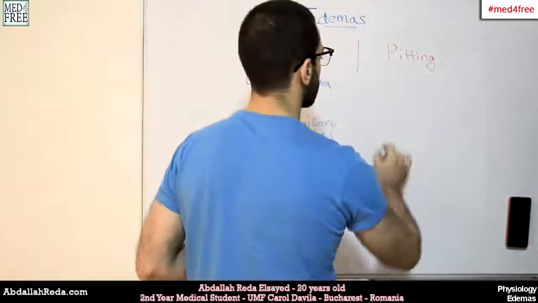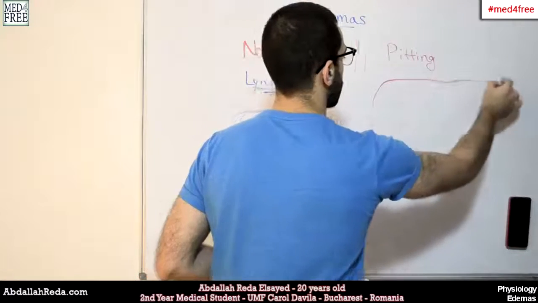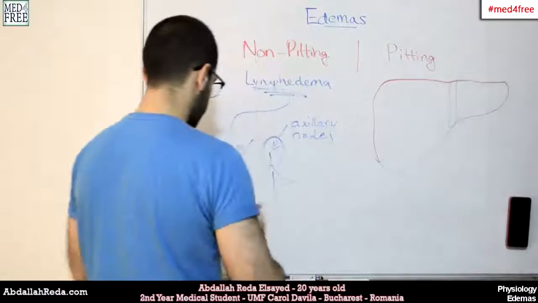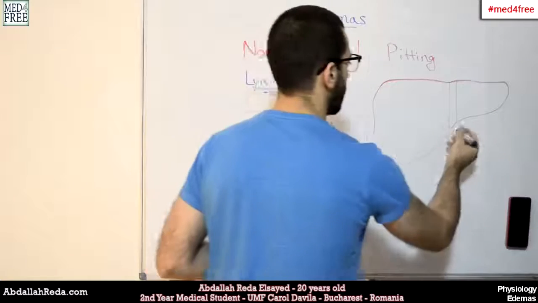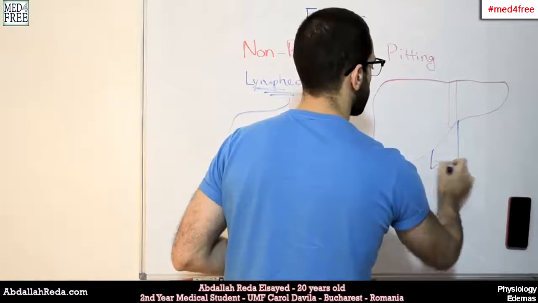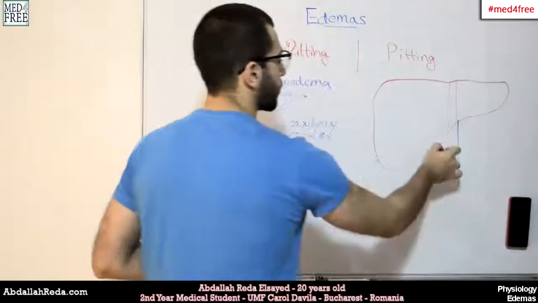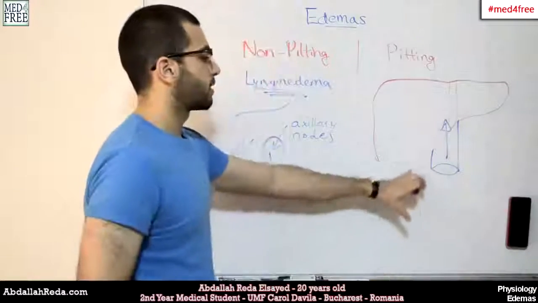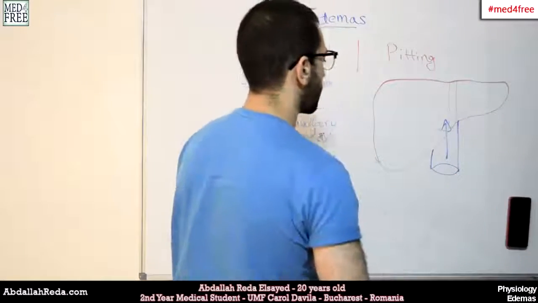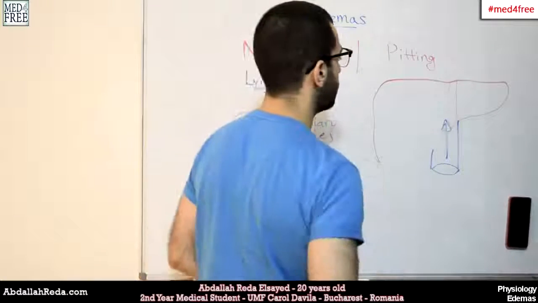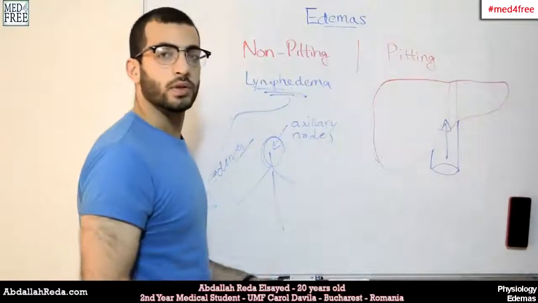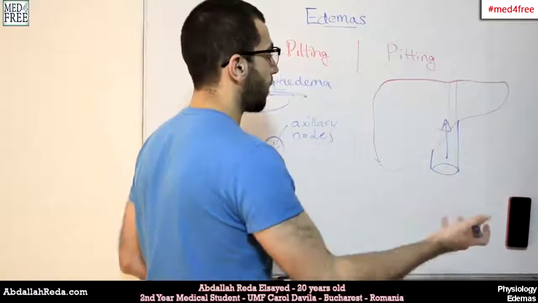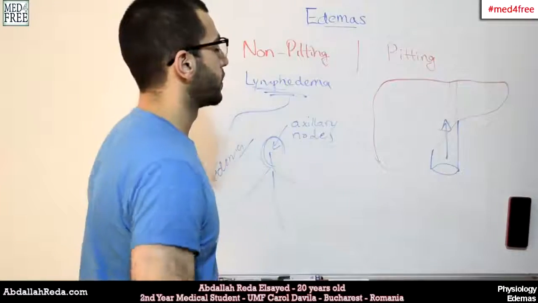If we have a case of cirrhosis, so this is the liver, and here we have the portal vein, and we'll see that the portal vein is going through the liver, carrying all the nutritive substances from the abdominal organs and going through the liver in order to allow the liver to extract the nutritive substances and to make proteins like albumin, fibrinogen, and so on.